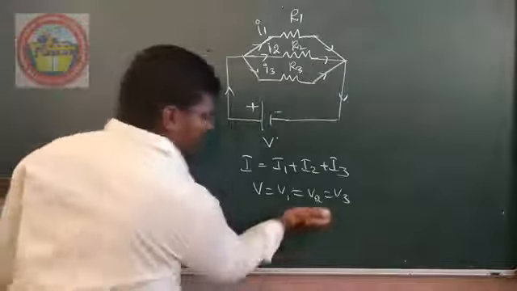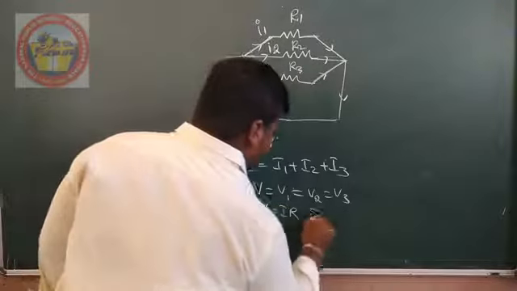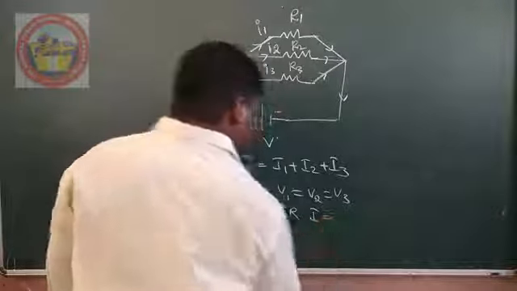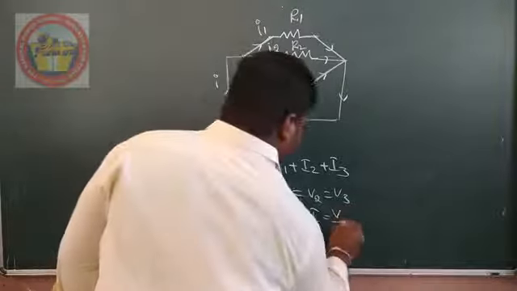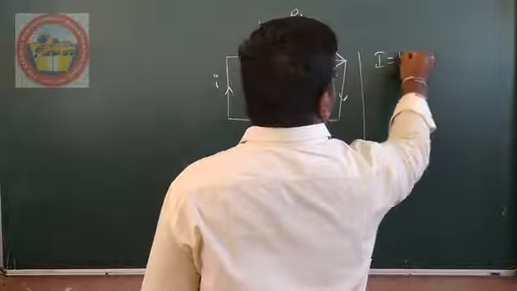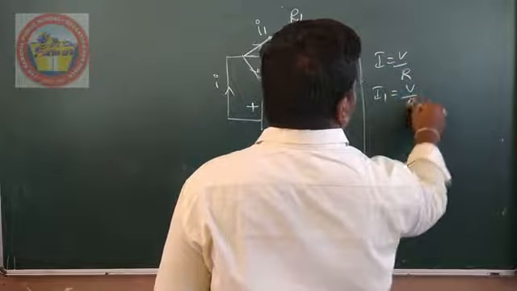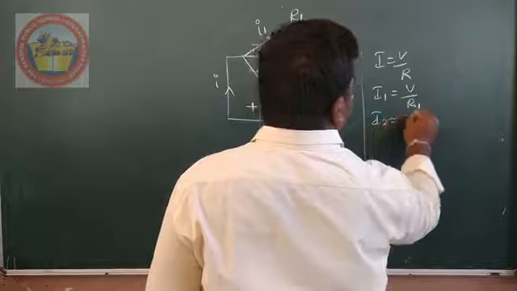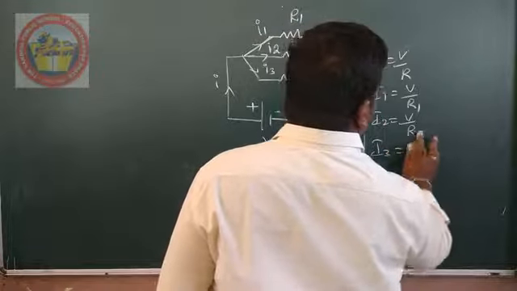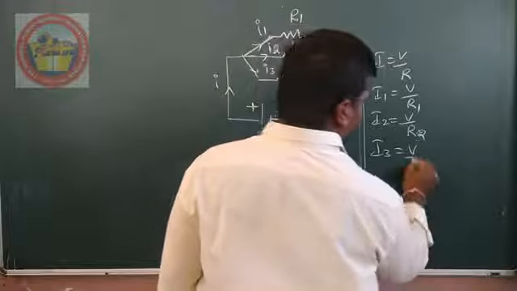We know Ohm's law: V is equal to IR. Then I is equal to V by R. Like that, I1 is equal to V by R1, I2 is equal to V by R2, I3 is equal to V by R3.